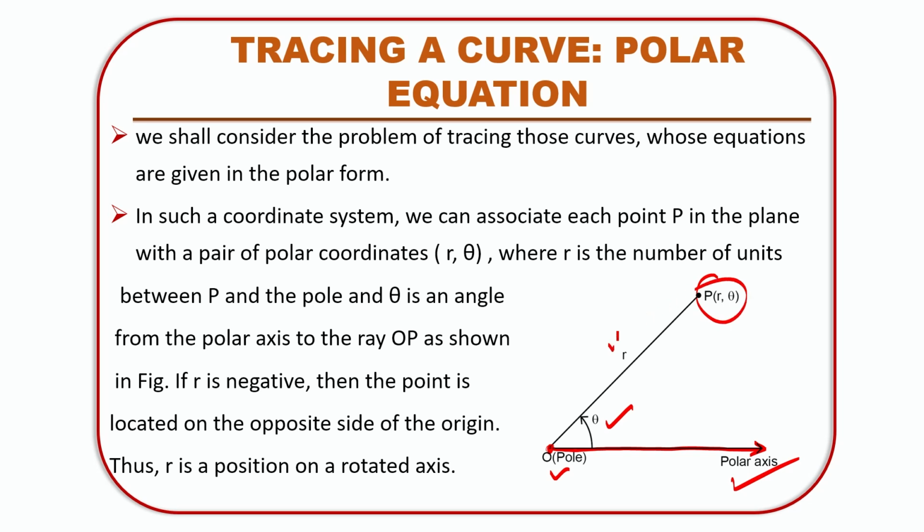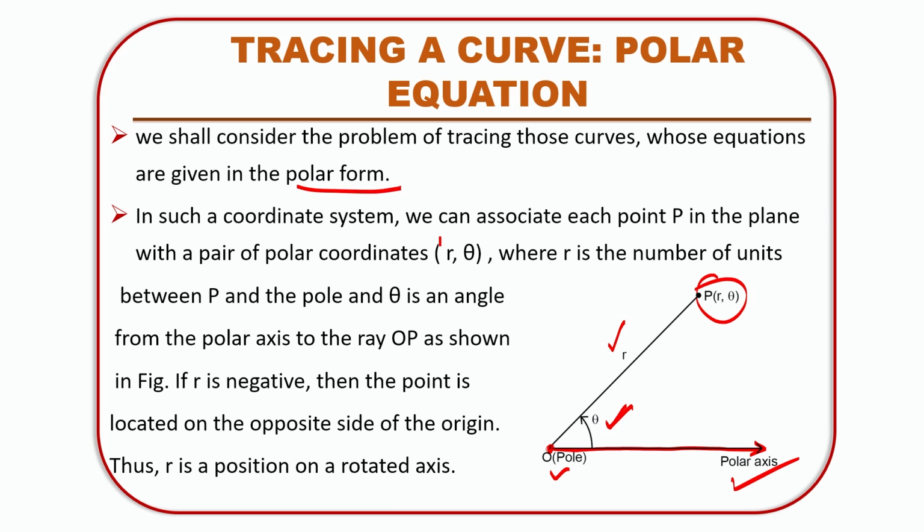So this is the radius, this is theta, and theta is measured anti-clockwise from the polar axis, which is a straight line passing through the pole itself. That's clear?